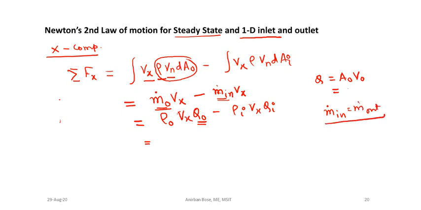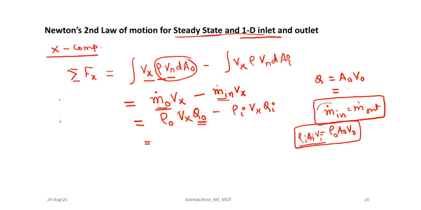Okay, if you put this steady state 1D condition in the conservation of mass, then you will find that the expression was rho O AO VO is equal to rho I AI VI. This was the conservation of mass for 1D steady flow, which is rho AV. This quantity is nothing but m dot in, right? And this quantity is nothing but m dot out. Okay, so m dot in and m dot out, these two are basically same.